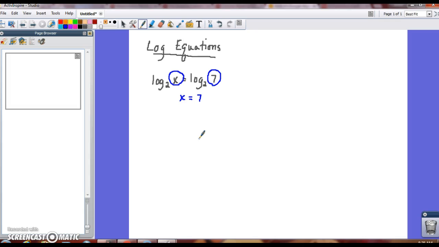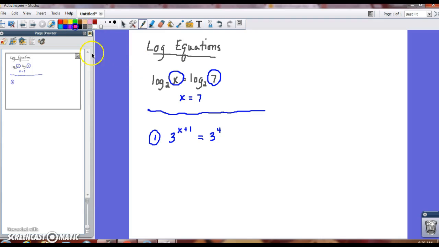Alright, so let's talk about a couple of different things we could have. First of all, we could have an equation where we are dealing with exponents. So let's say, for example, I have 3 to the x plus 1 is equal to 3 to the 4th. Now, there's a longer way to do this and a shorter way to do this. I think your book gives you the longer way, with a couple of extra steps that you don't really have to do, because this is very similar to the problem up here.